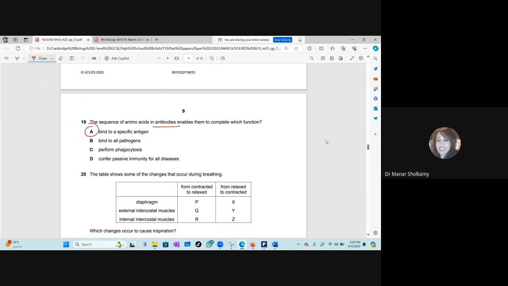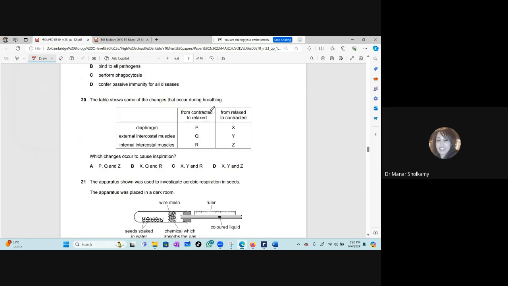20. The table shows some of the changes that occur during breathing, from contracted to relaxed and from relaxed to contracted. Now, this is confusing, okay? Which changes occur to cause inspiration? Now tell me, inspiration is breathing in or breathing out? Breathing in.